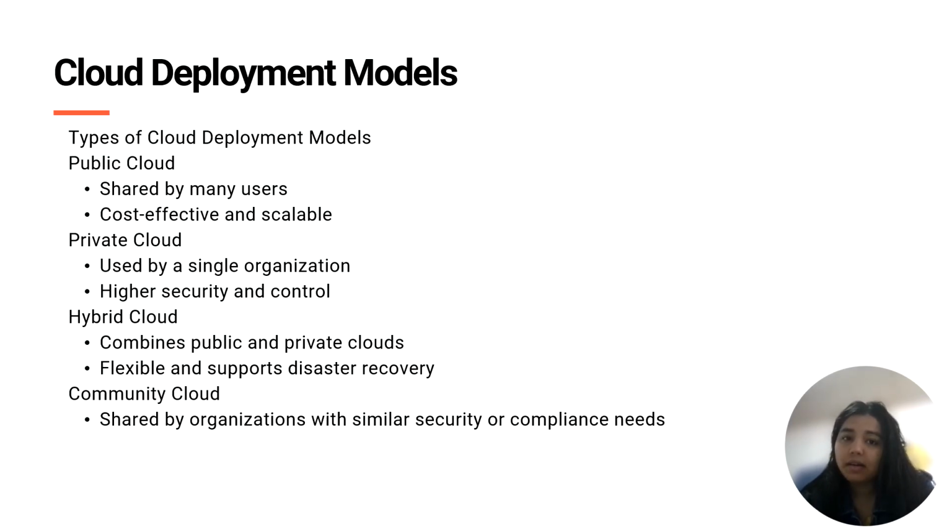The private cloud is dedicated to one organization. It offers better security and greater control but usually costs more. The hybrid cloud combines both public and private cloud. It allows organizations to keep sensitive data private while using the public cloud for less critical tasks.